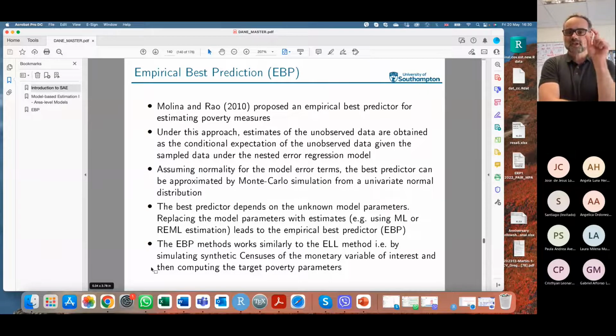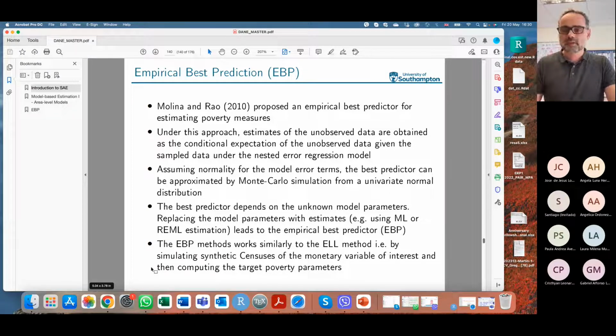So under this approach, as we will see, the estimates of the unobserved data are obtained as the conditional expectation of the unobserved data given the sample data. So basically, you say I want to calculate the expected value of what I don't observe given what I observe. That's what I mean by conditional expectation.